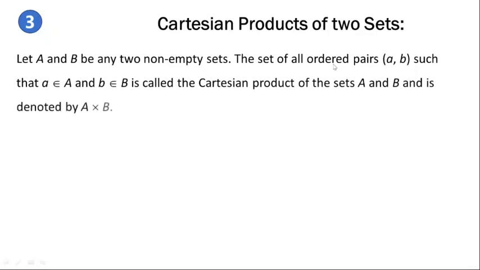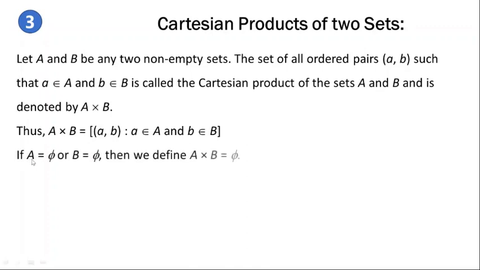The set of all ordered pairs (a, b), such that a belongs to capital A and small b belongs to capital B, is called the Cartesian product of the sets A and B, and it is denoted by A cross B. Thus, A cross B, that means the Cartesian product of A and B, equals the set of all elements of the form (a, b) such that a belongs to A and b belongs to B. What happens if one of them is an empty set?